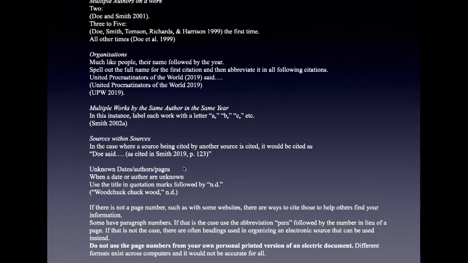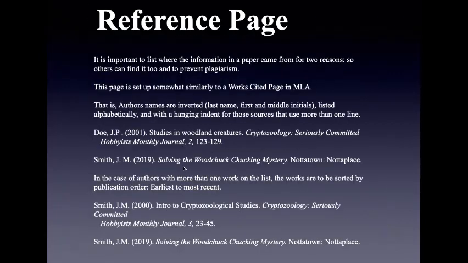And when it comes to not knowing the dates, you do n.d. So when it comes to using paragraphs instead of page numbers, you'd abbreviate paragraph as para with a period. And that's a way to get around not having a page number for a website. However, a word of caution when it comes to page numbers. If you print off a source, your own personal page numbers should never be used.